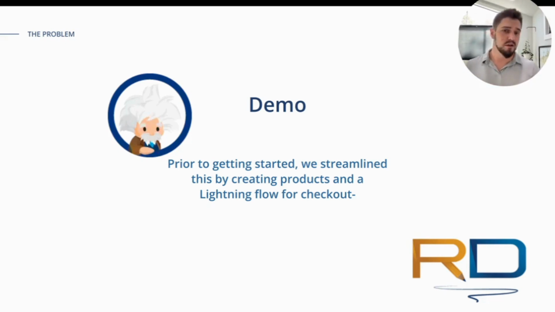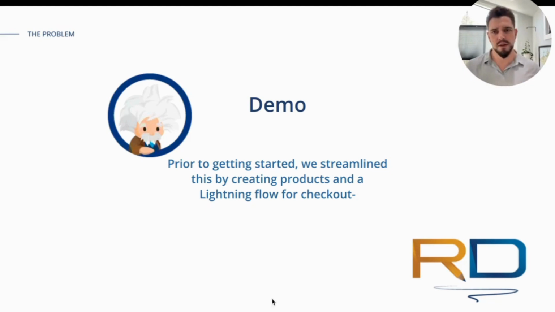So for this demonstration, we added in a couple of those product records. Again, that would be done during our implementation phase. And then we also created a Lightning Flow, which if you're not familiar with Lightning Flow, there are a bunch of great resources on Trailhead. But within the Lightning Flow, being able to add elements to the cart was pretty simplistic. We put together a demonstration flow for that, and we'll be connecting into that for this example.